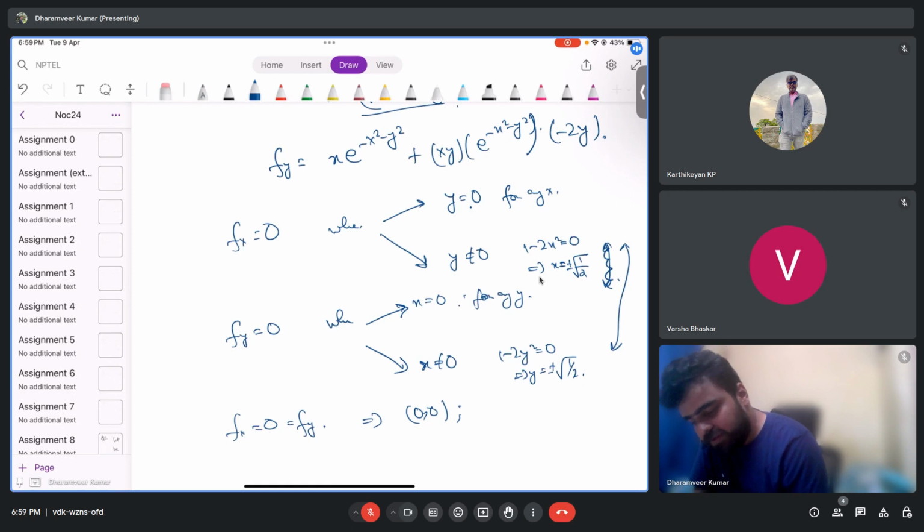When x is equal to, it could be anything: plus 1 by root 2 and minus 1 by root 2, with plus minus 1 by root 2.